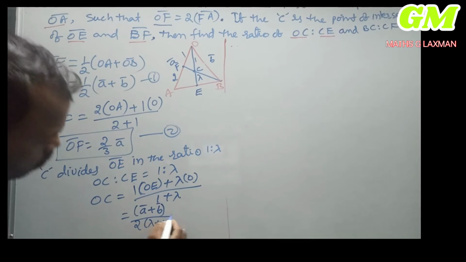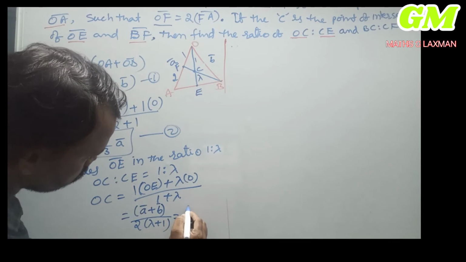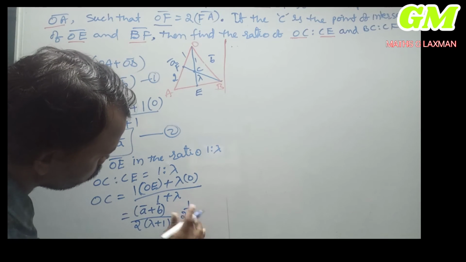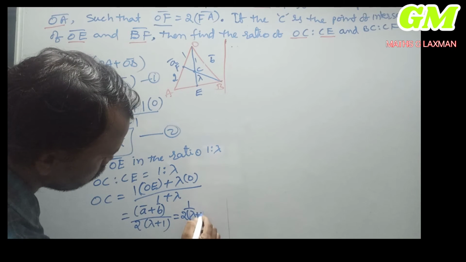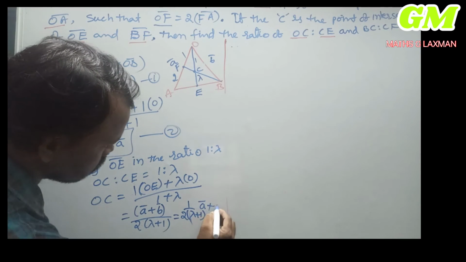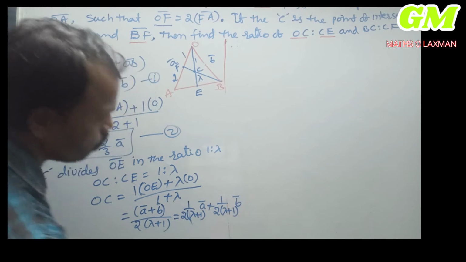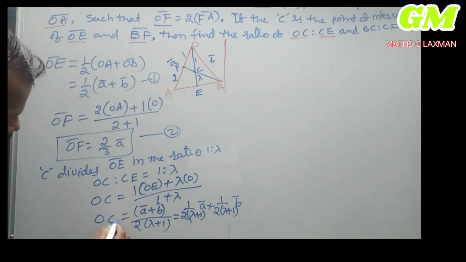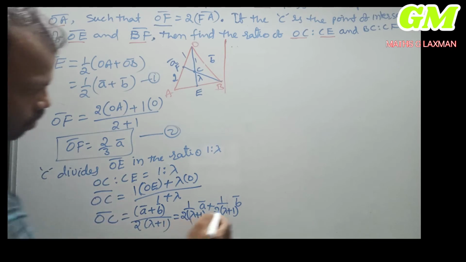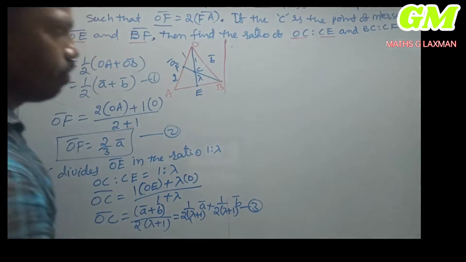So this is equal to 1 by 2 times of lambda plus 1 into A plus 1 by 2 times of lambda plus 1 into B. So this is OC. So this is equation 3.